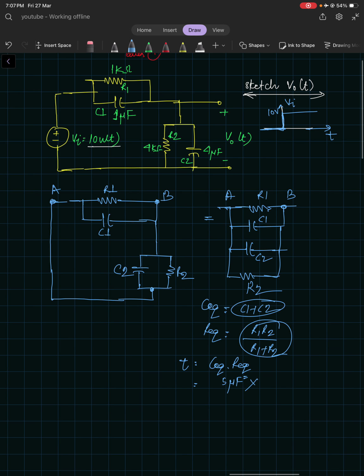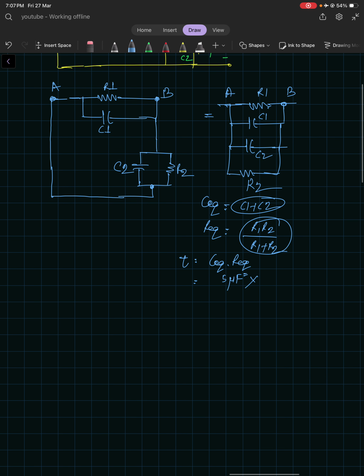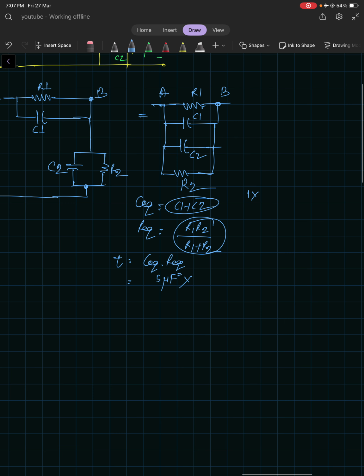And what is R equivalent? 1 kilo ohm and 4 kilo ohm. So 1 kilo into 4 upon 1 plus 4, that is 5 kilo ohm. I'm just calculating this R equivalent in a rough way. 4 by 5, 0.8 kilo ohm, right?